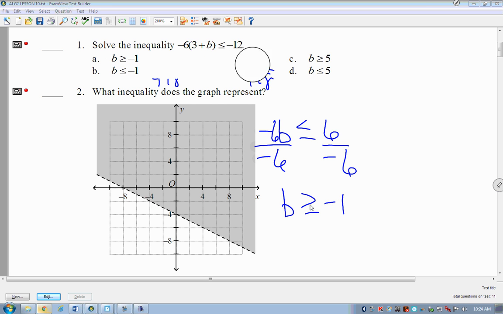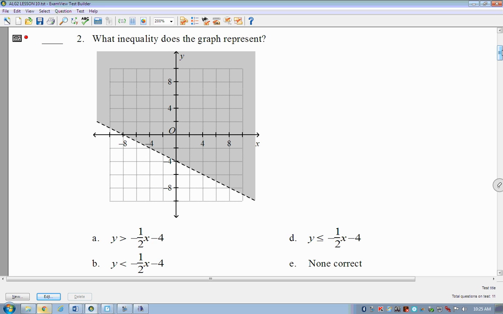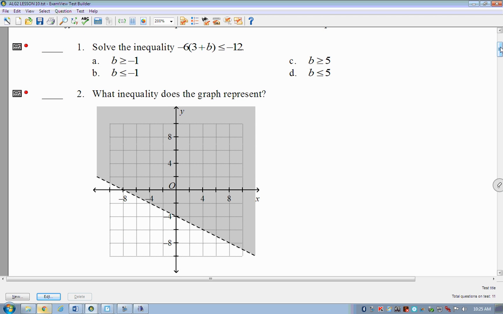All right, this next part deals with something that we haven't yet talked about. We looked at the number line, but we hadn't actually looked at a coordinate graph. I want to look at this dotted line for a second.